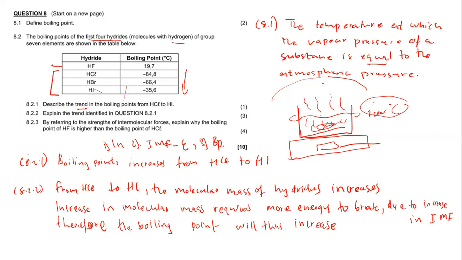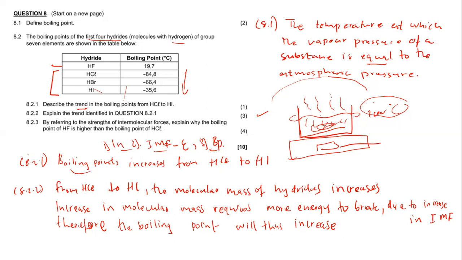Now, 8.2.3, it says to us, and then you get your 3 marks, one, two, three, by talking about these 3 things that I have just mentioned. 8.2.3 says, by referring to the strength of intermolecular force. Remember, here we spoke about the intermolecular force, but we were not specific.